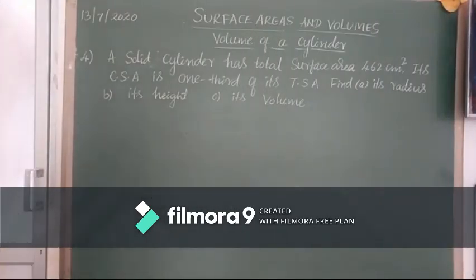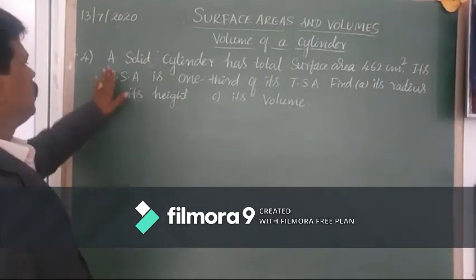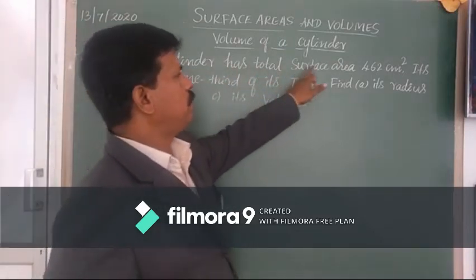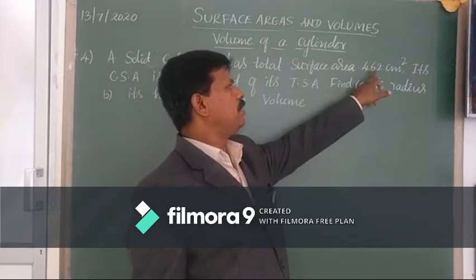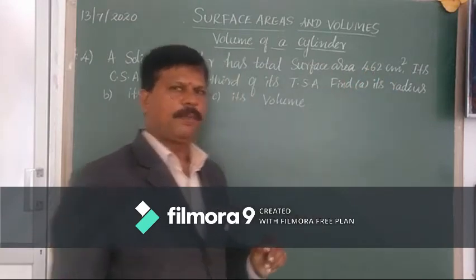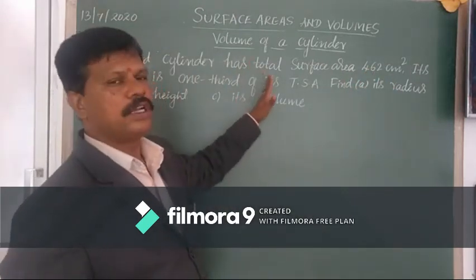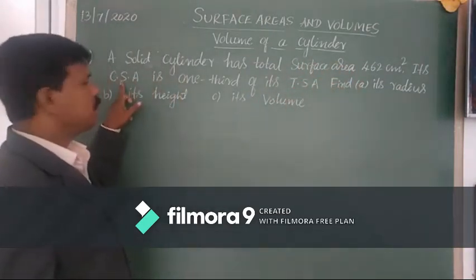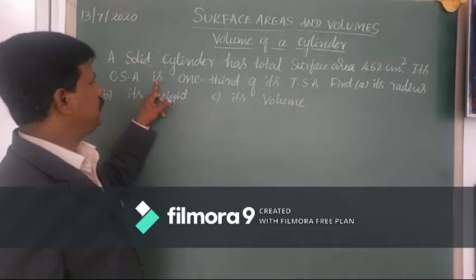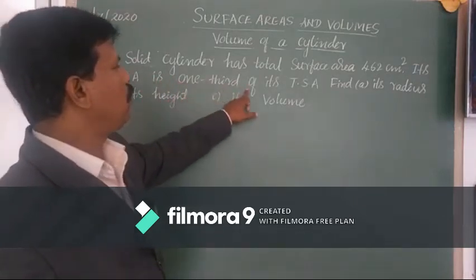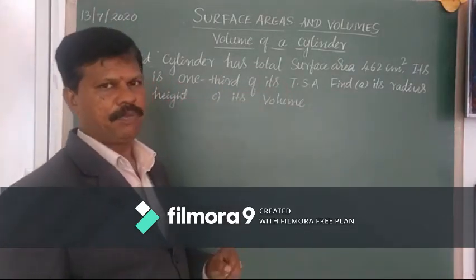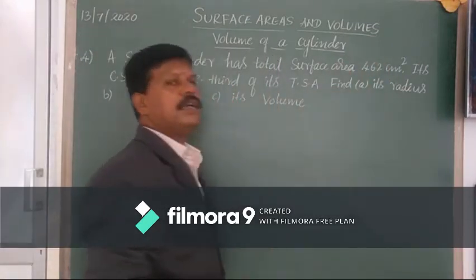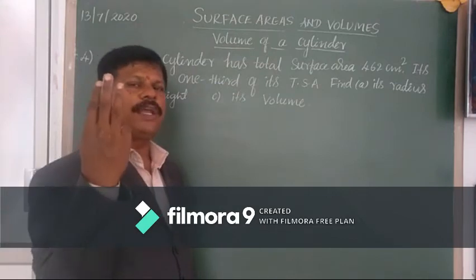Now, the fourth question. In this, a solid cylinder has total surface area 462 square centimeter. They have given total surface area. Its curved surface area is 1/3 of its TSA. That means the total surface area of 462, you should divide that into 3 parts.